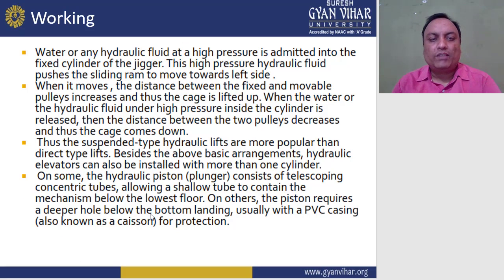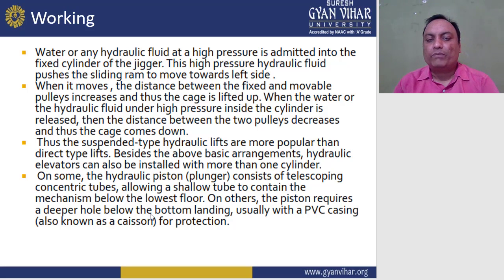Next, when it moves, the distance between the fixed and movable pulleys increases, and thus the cage is lifted up. In this case, the cage is lifted up when the water or hydraulic fluid under high pressure inside the cylinder is released, then the distance between the two pulleys decreases, and thus the cage comes down.